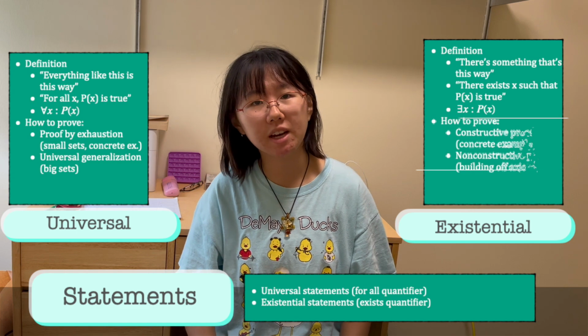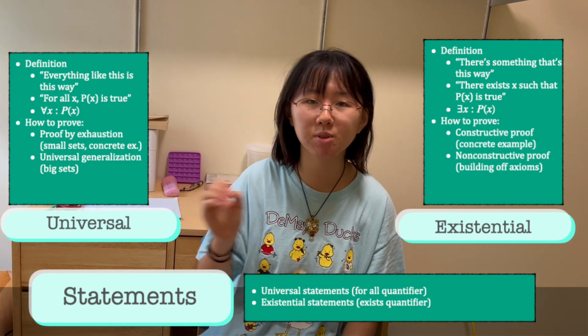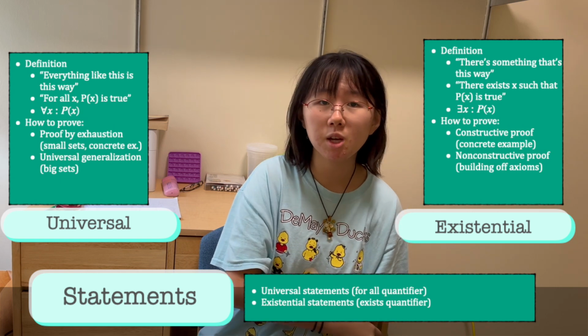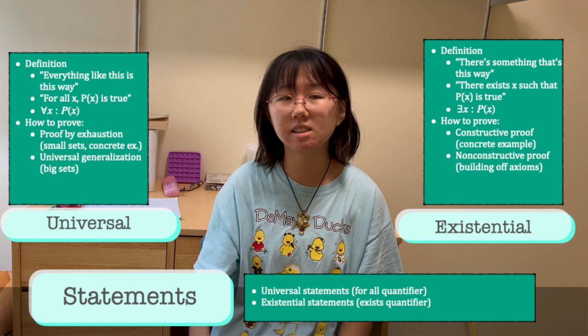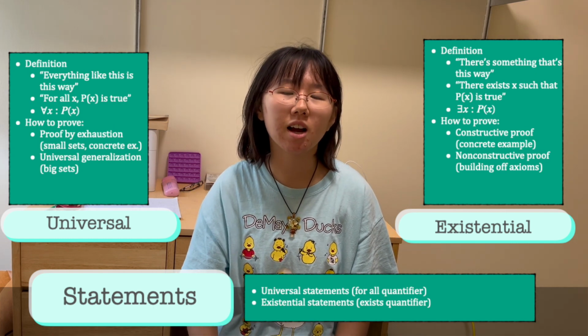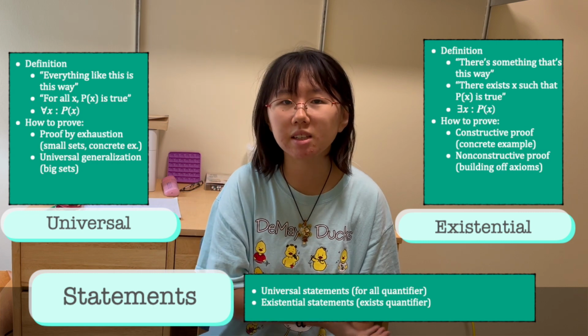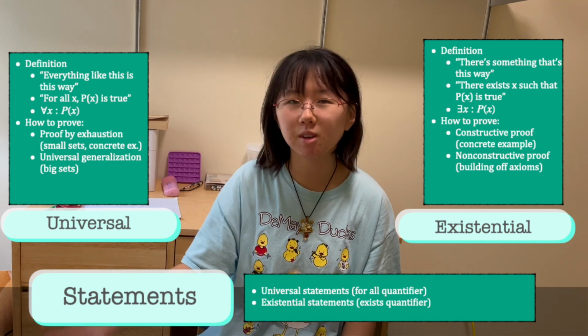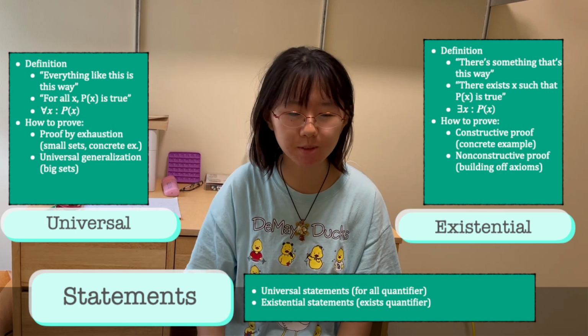So how do we prove existential statements? The first way is through a constructive proof of existence. If I say something like, there was a day this week where I had chicken, all I need to do is find an example of that, right? All I need to do is say, oh, on Tuesday I had chicken. And that's good enough for proving that it exists, right?